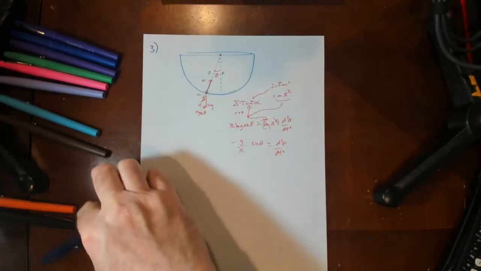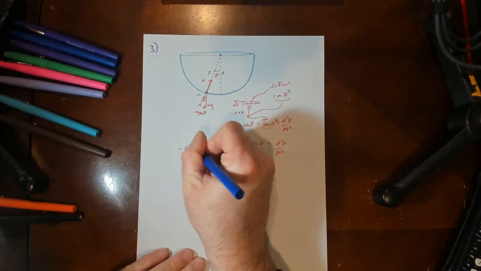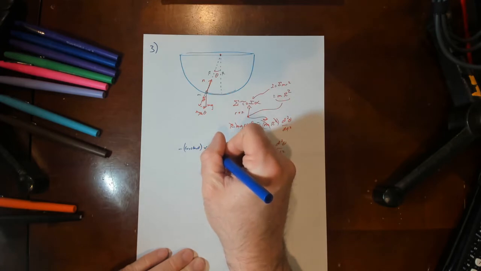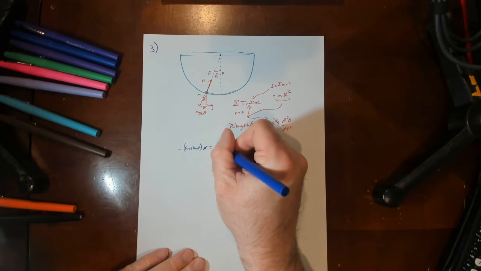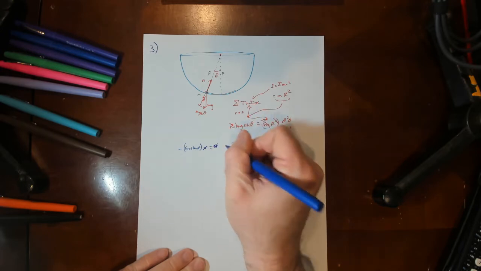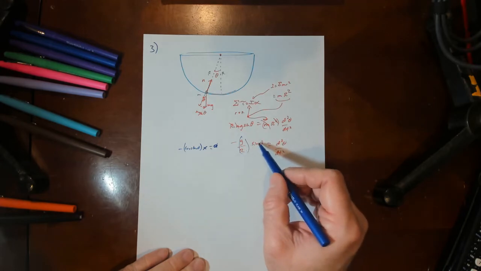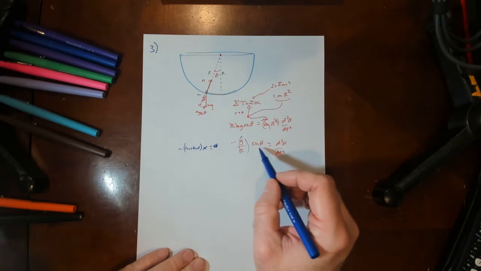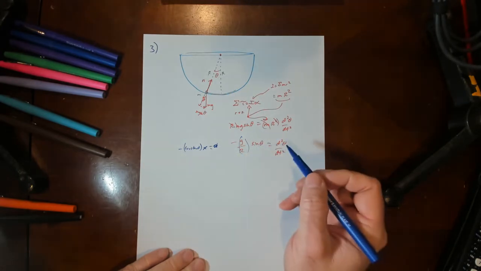No. I remember the simple harmonic oscillator pattern is negative a constant times my position equals the second derivative of position with respect to time, the acceleration. I have negative a constant, but I've got sine theta instead of theta, instead of angular position. If only this was theta, it would be that pattern.